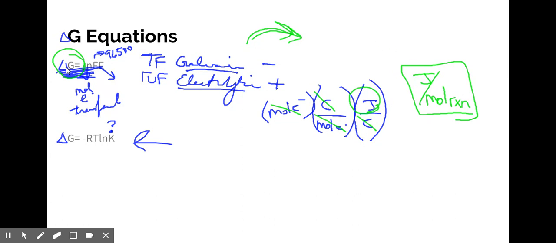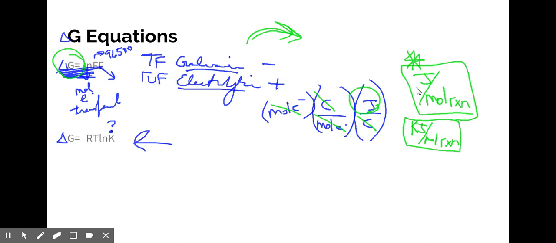Be careful, because sometimes when you calculate delta G, because most of them are really large numbers, they are going to want you to have that answer in kilojoules per mole reaction. So make sure you are aware of which one it's indicating. If it doesn't specify, it's okay to leave it like this, but you have to put the units down or else you wouldn't get credit.